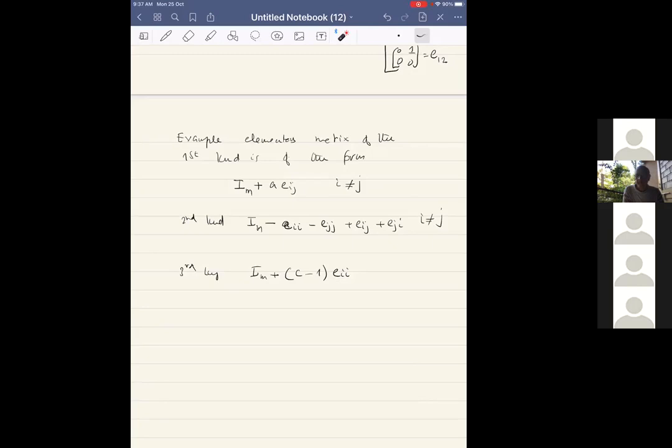Just think of the shape and then it'll be clear. How many places can the a occur in? A can occur in any place in the matrix except on the diagonal. So it's m squared minus m.